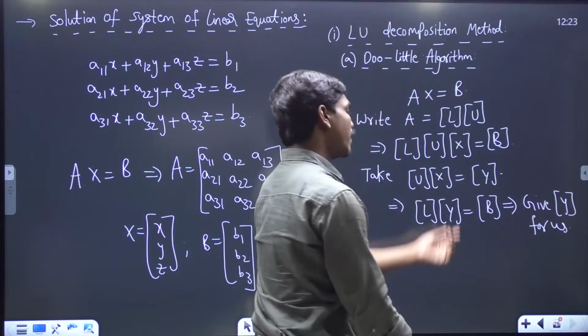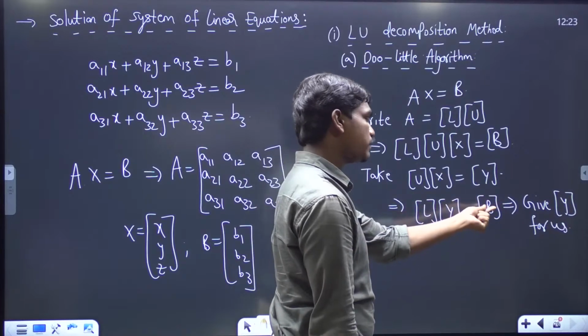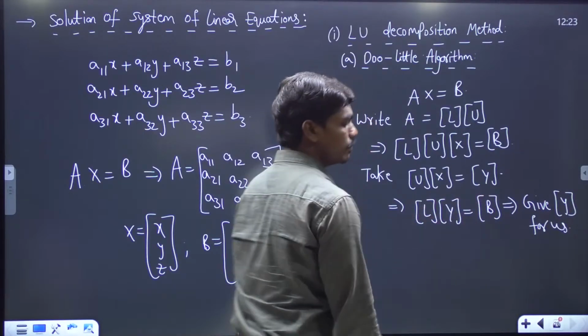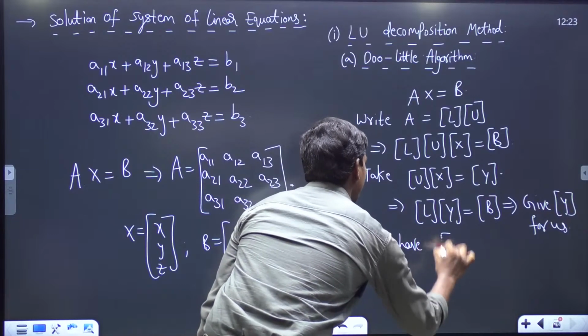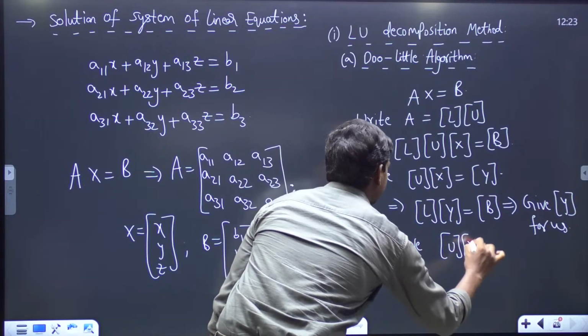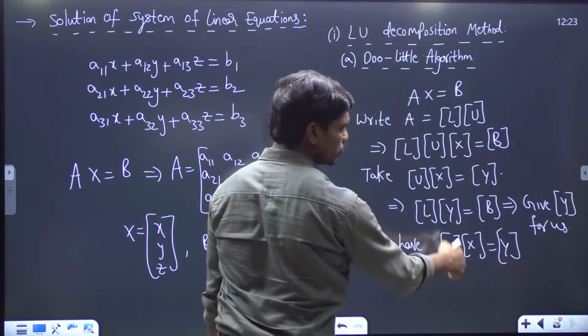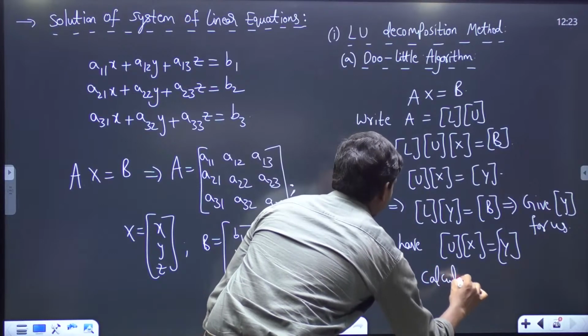We will determine the elements of L, we know the elements of B, and this is a lower triangular system, so we can identify the Y elements. Then we have Ux is equal to Y, and if we know Y and U, we can calculate X from this.